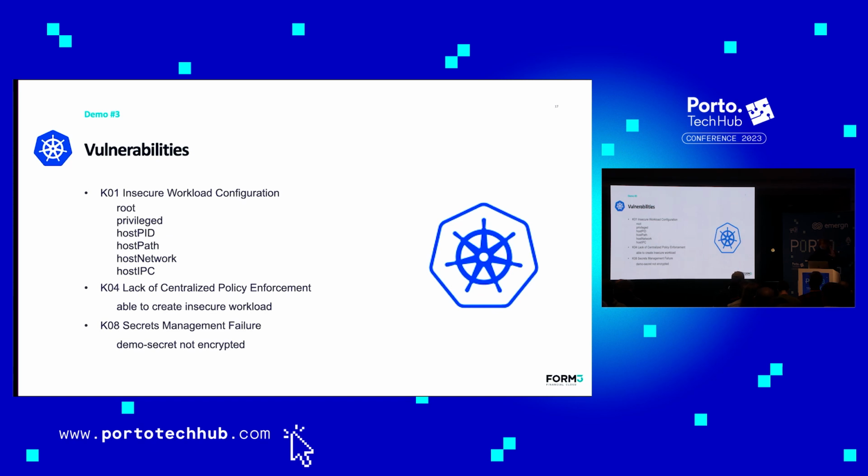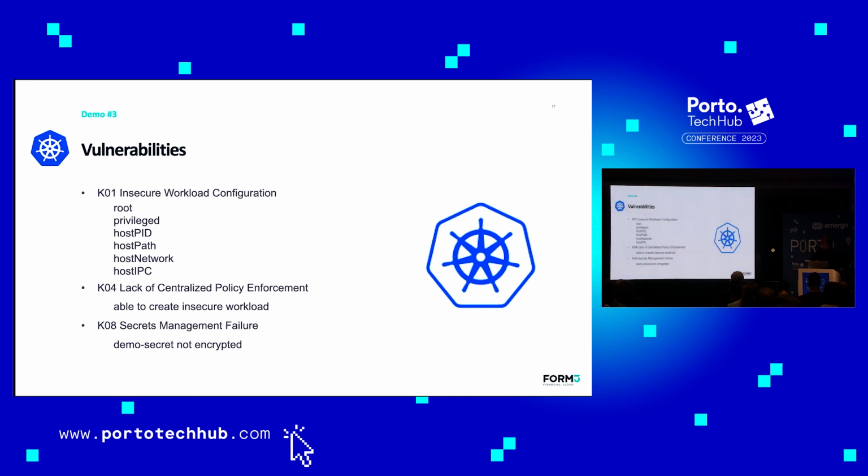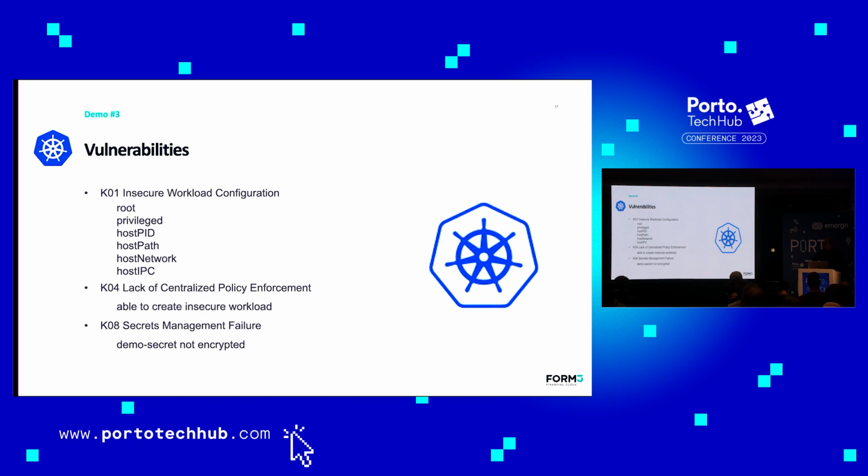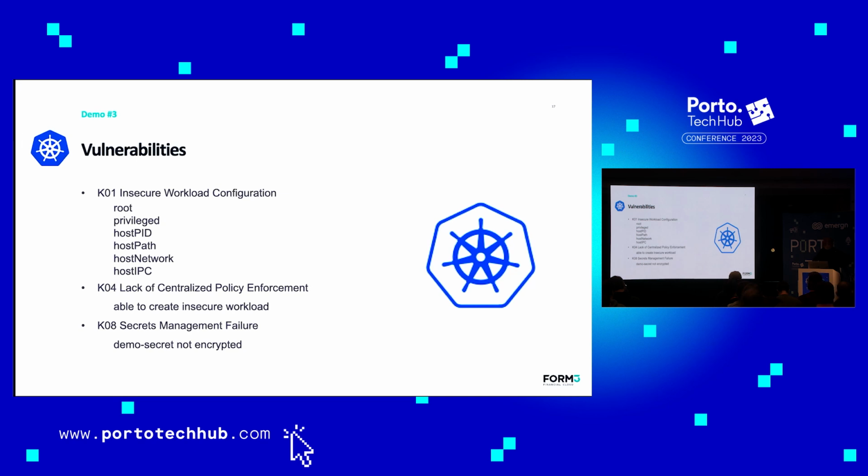There should be some way of controlling what's admitted to the cluster. Here, admission controllers come in handy, tools like OPA Gatekeeper, Kyverno, or any other way to control what's admitted to your clusters. And obviously Kubernetes secret management failure: you saw in the demos that secrets were not encrypted. Base64 encoded is not enough. Once someone gets access to those secrets, they can use them.